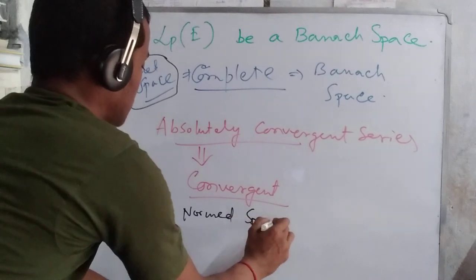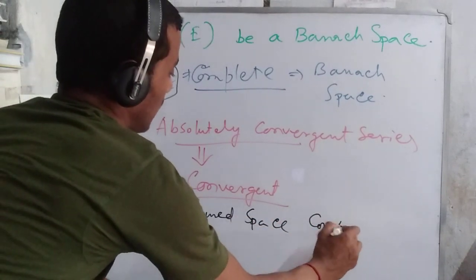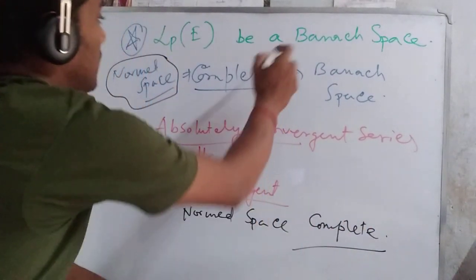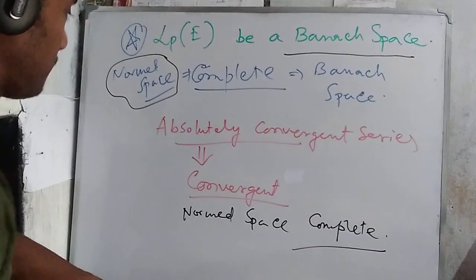So we use this here and we prove L^p is a Banach space.